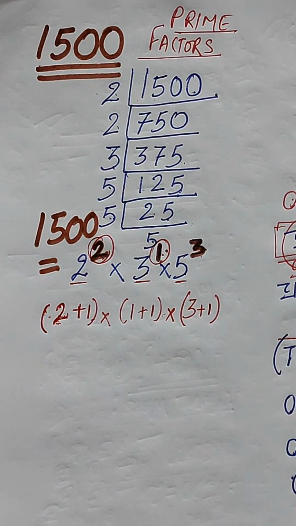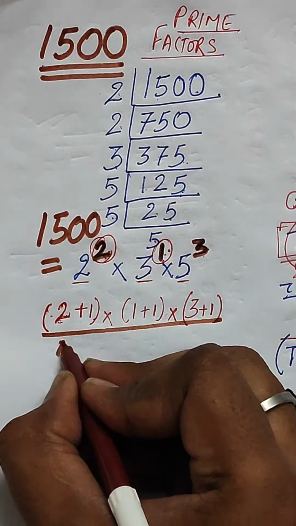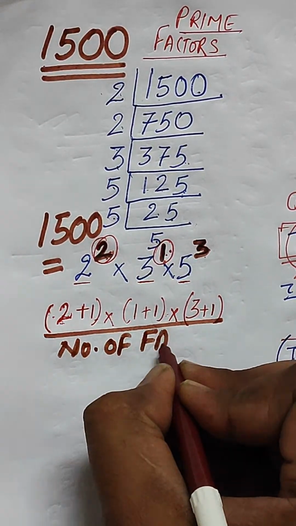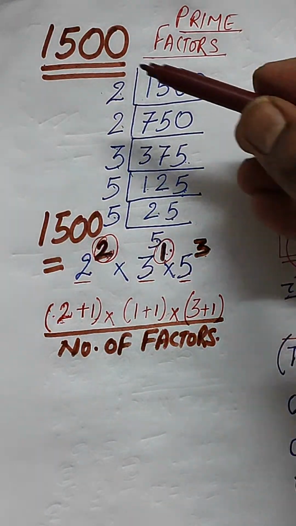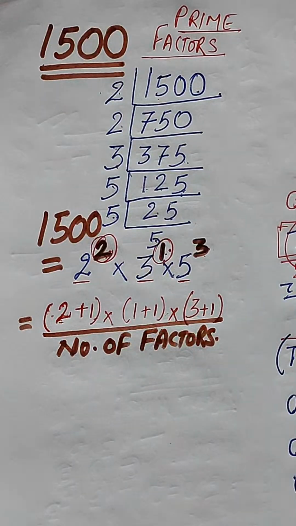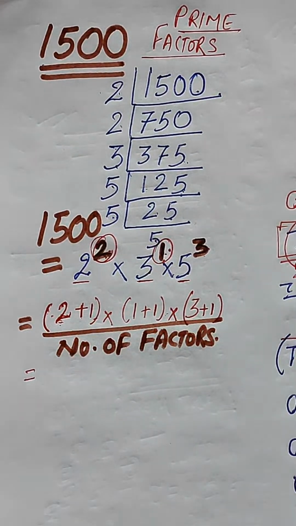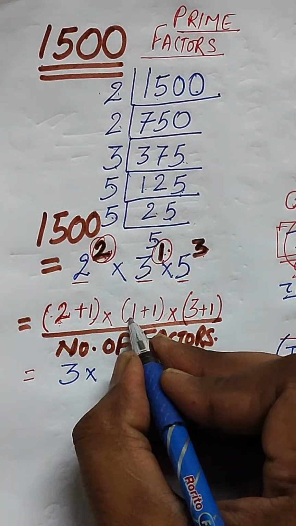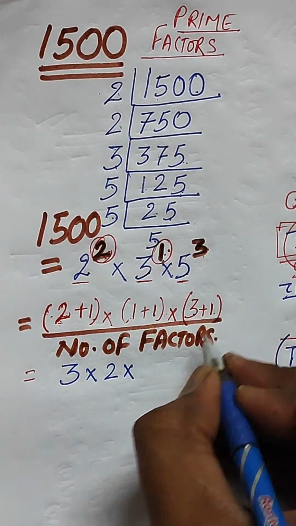So these are the number of factors of your given number 1500. When you solve it, you get 2 plus 1 is 3, multiplied with 1 plus 1 which is 2, multiplied with 3 plus 1 which is 4.